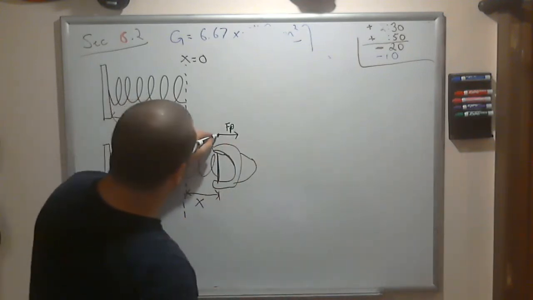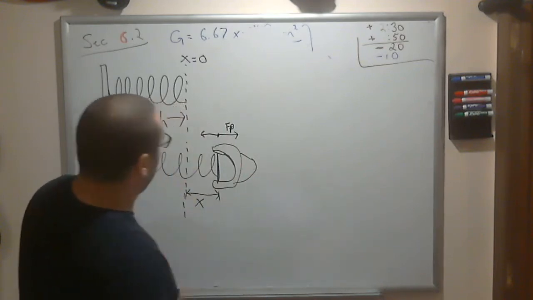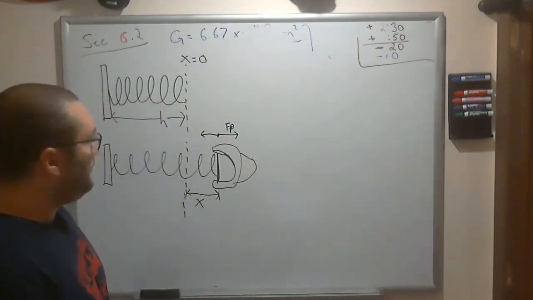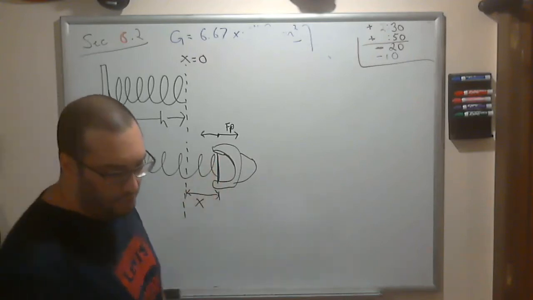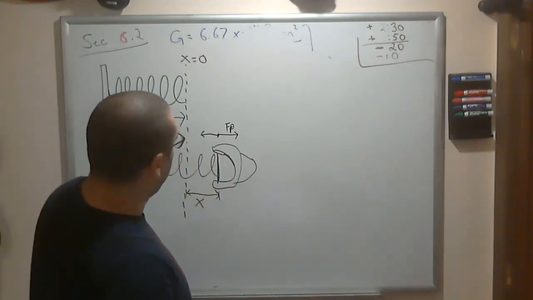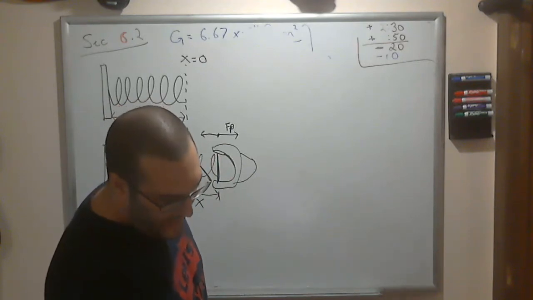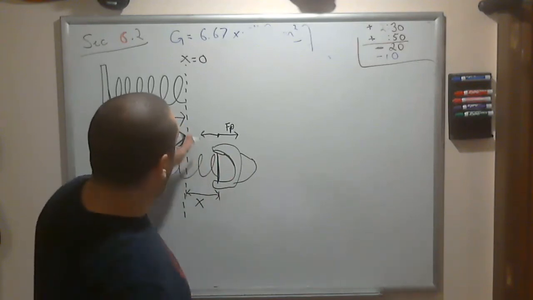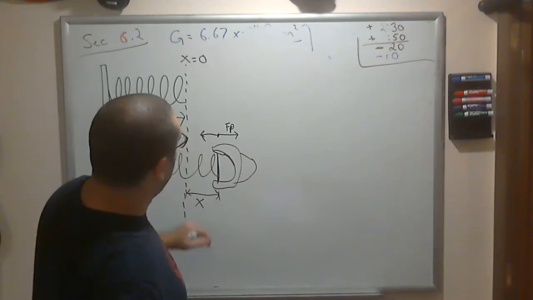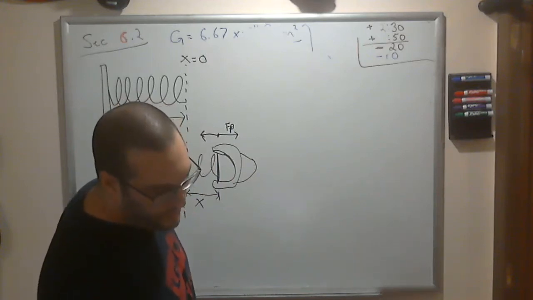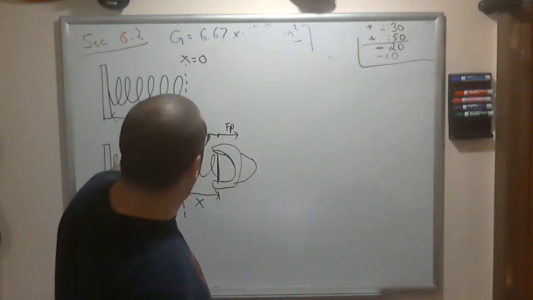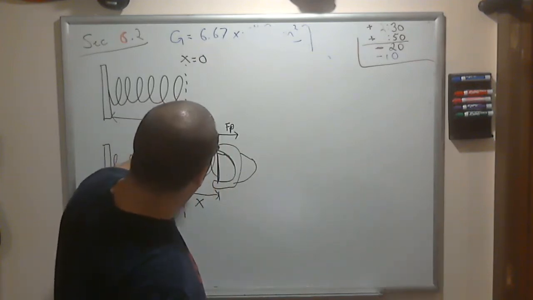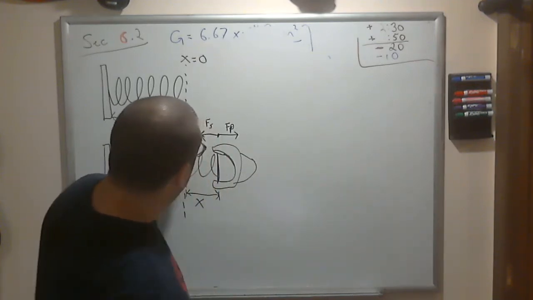Now the spring provides an equal and opposite force forwards, assuming that my hand's not accelerated or moving, right? And this provides an equal and opposite force backwards. And we'll call that Fs for the spring, right?